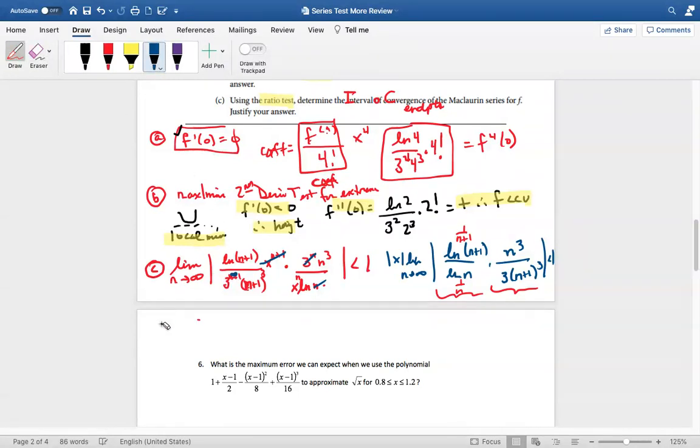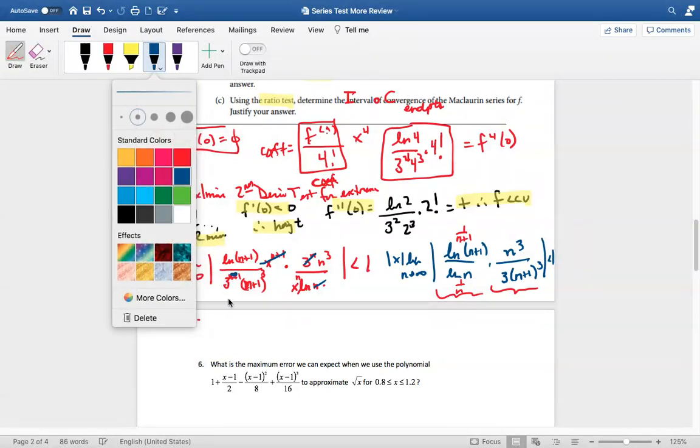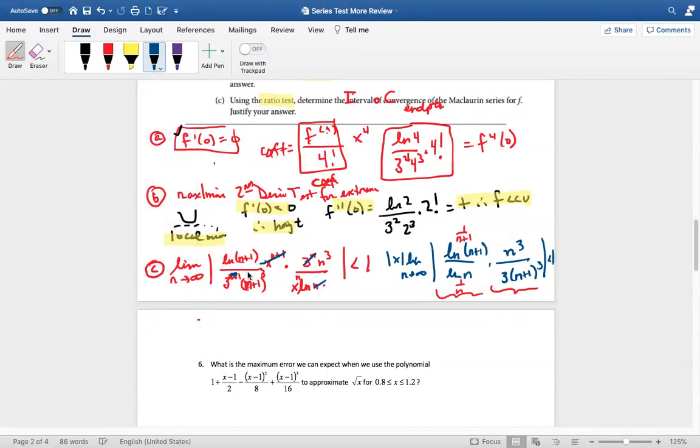The endpoint analysis, you put -3. Since my radius of convergence was 3, I'm going to put -3 into the series. And then I have ln n over n cubed and 3 to the n.